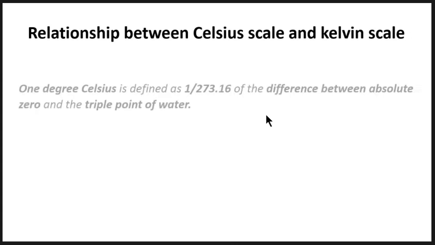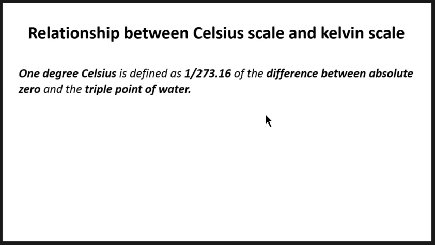Since each temperature obtained from the Celsius scale is measured in degrees Celsius, 1 degree Celsius can be defined just as we defined 1 Kelvin, meaning that 1 degree Celsius is defined as 1 over 273.16 of the difference between absolute zero and the triple point of water.